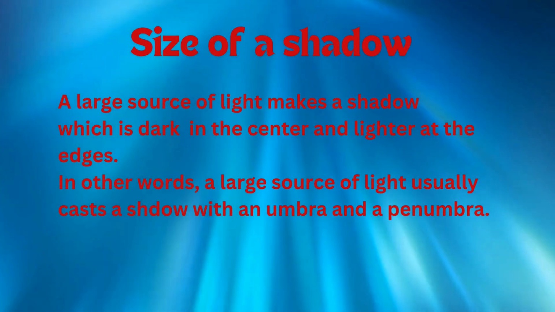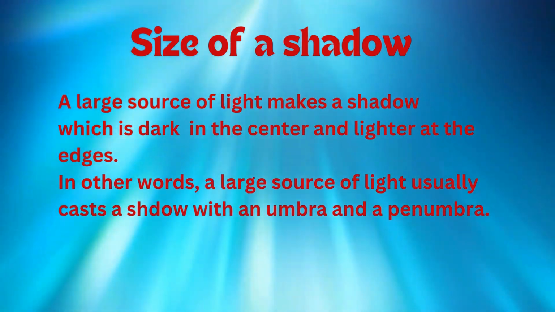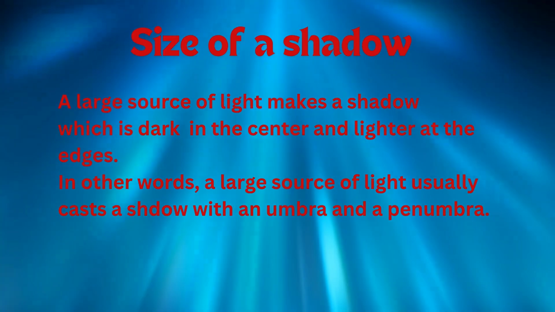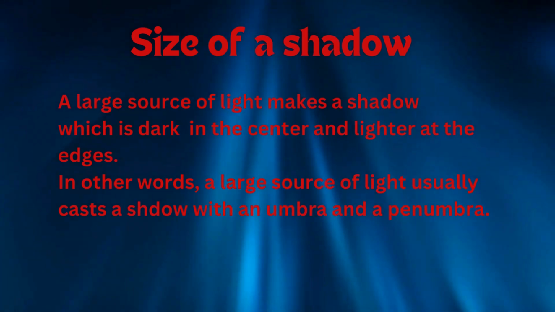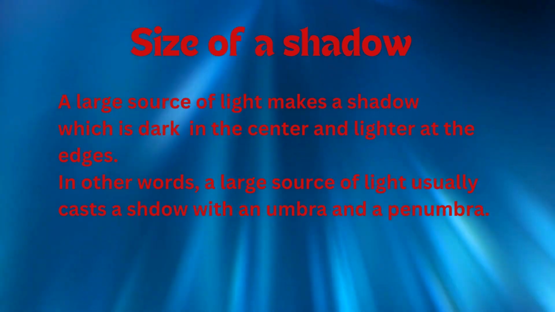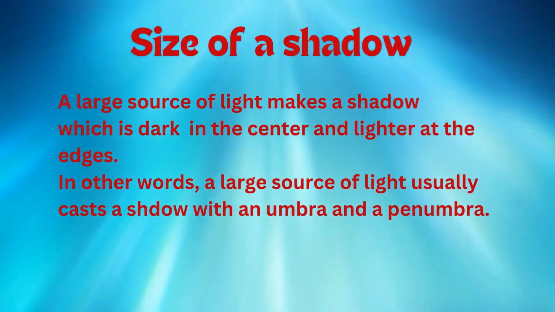So the shadow has a dark center called the umbra and a lighter edge called the penumbra. It's like having a very dark part and then a slightly lighter ring around it. This is about the size and shape of a shadow.